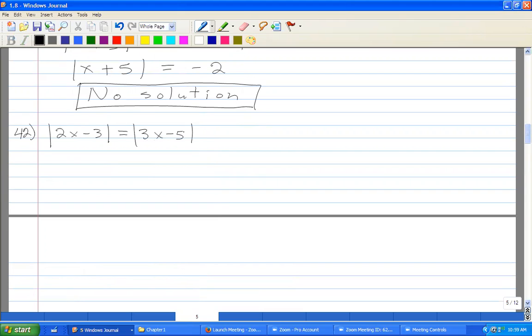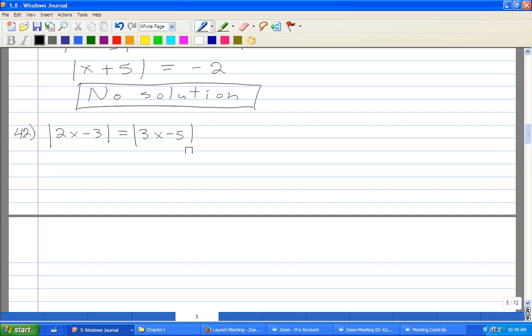I can do this in two ways. I can say that an absolute value is plus or minus, so what's inside will equal plus or minus the same as what's inside.